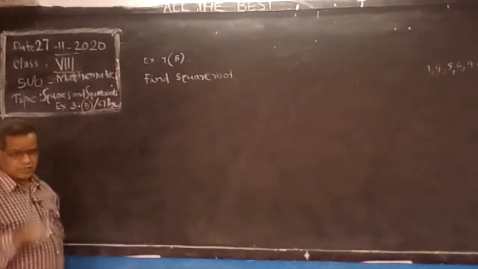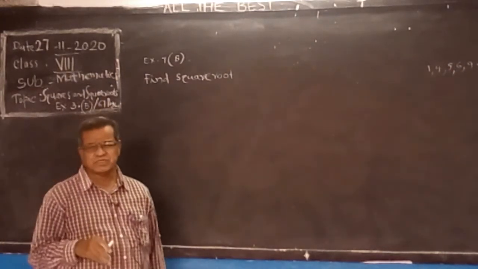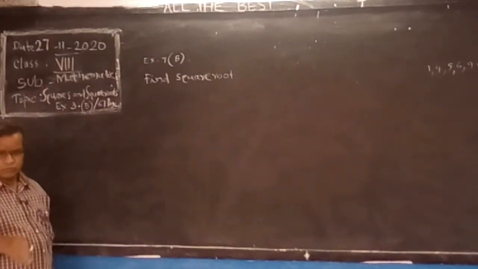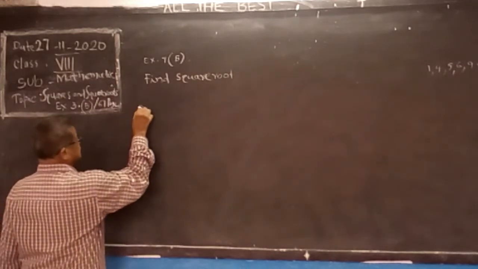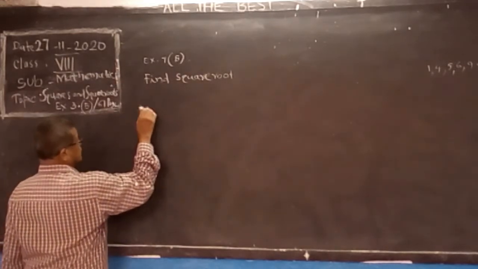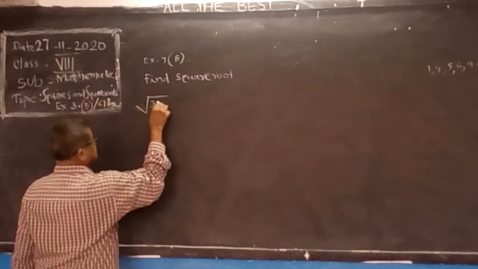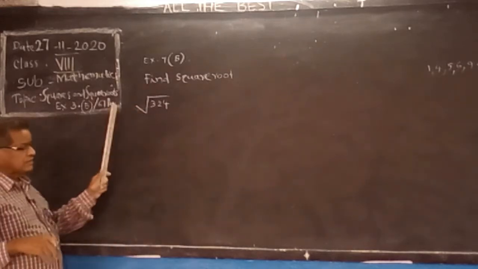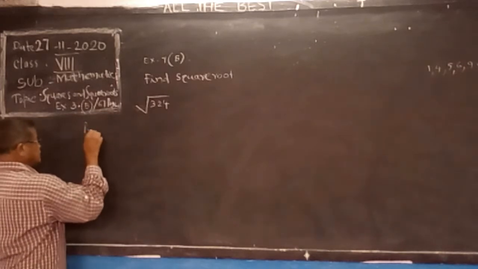How? There are two methods. One is the prime factorization method, the other is the division method. I will explain both now. Take simply 324. Find the square root of 324. This is the symbol, square root. First I explain the prime factorization method.